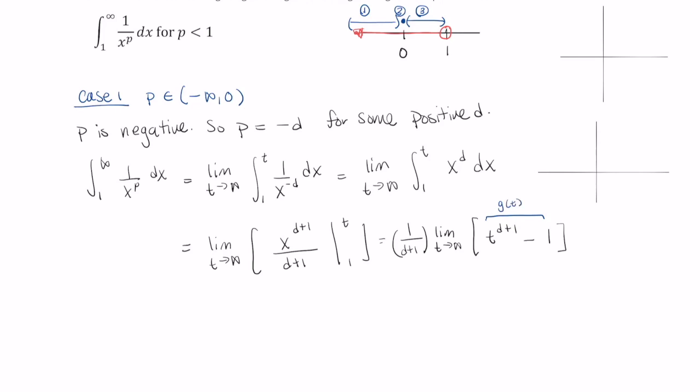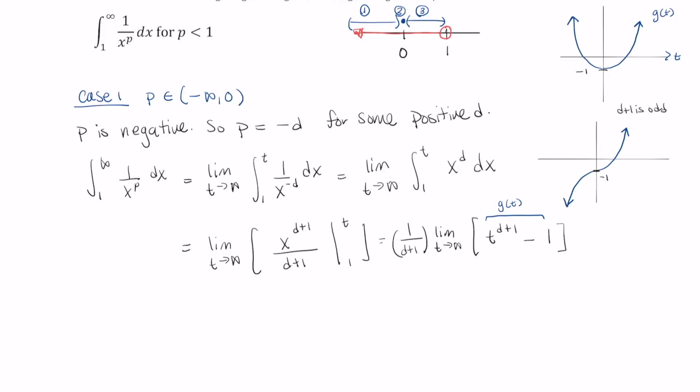Well, if d plus 1 is even, the graph of g of t looks like this, and this is of course our t-axis, and here is negative 1. Now if d plus 1 is odd, then our graph is going to look like this. And here again we have negative 1.